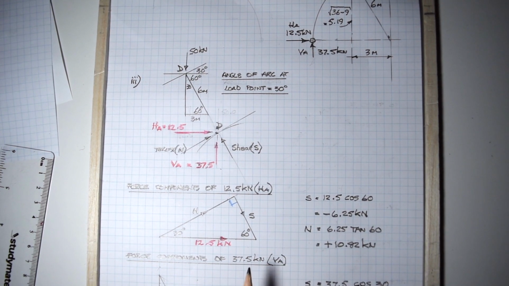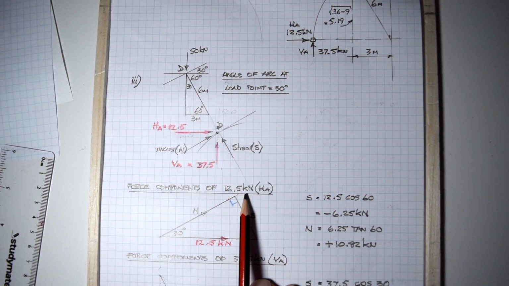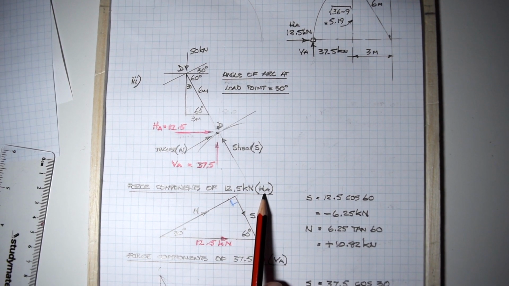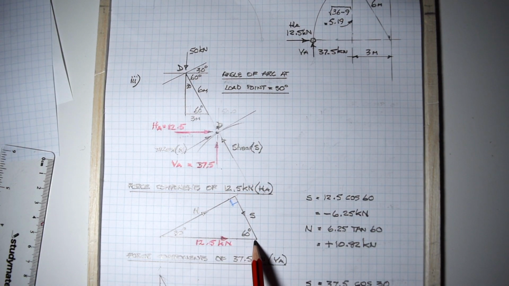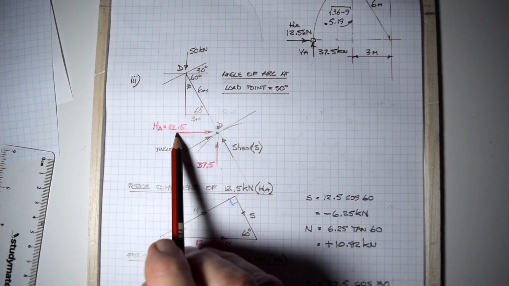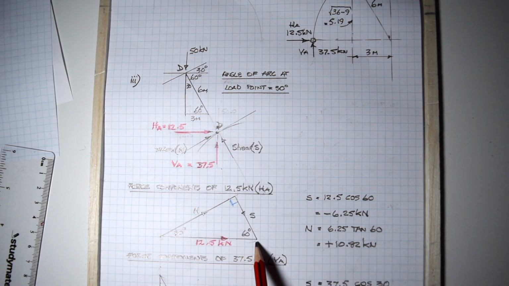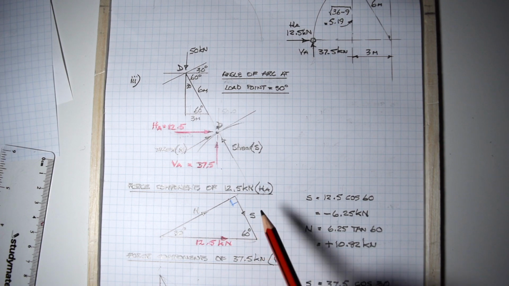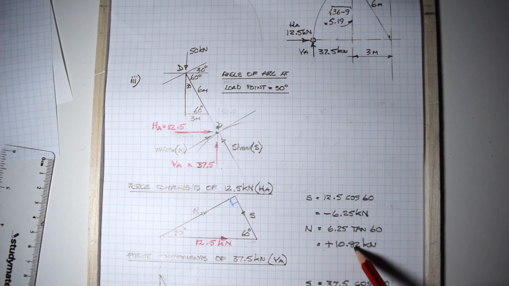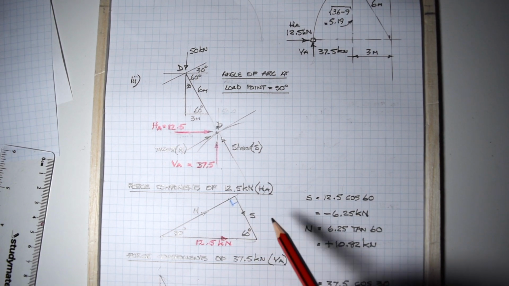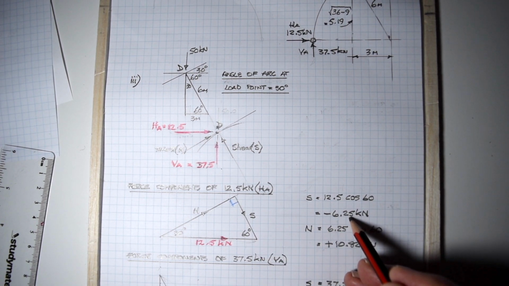So again, we take the force components of the 12.5 kilonewton HA, which is the horizontal thrust. We've got 12.5 kilonewtons moving from left to right. We know that this angle is 60 degrees. This one is 30 degrees. Using trigonometry, we can work out what S is. Minus 6.25.